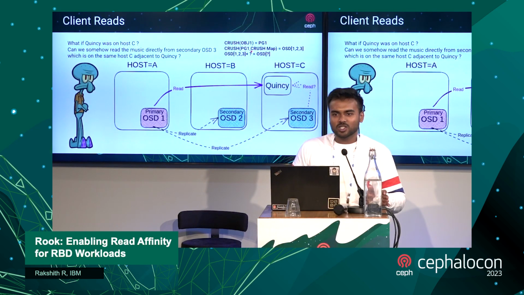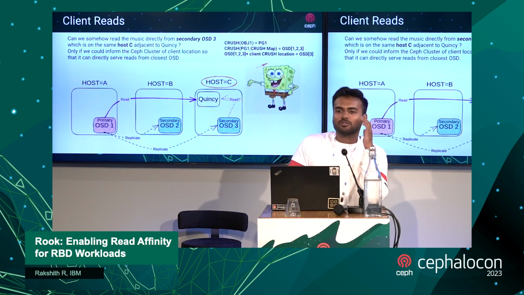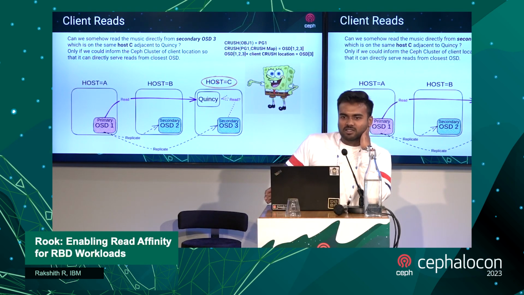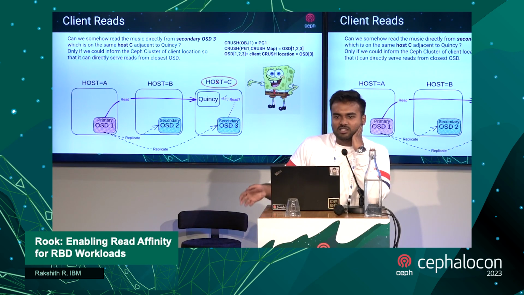So we already can read from here, but this client doesn't actually know its location, but we know the crush map. So here we have a solution for it. Ceph CSI is the one that actually maps the image for the client on the node.